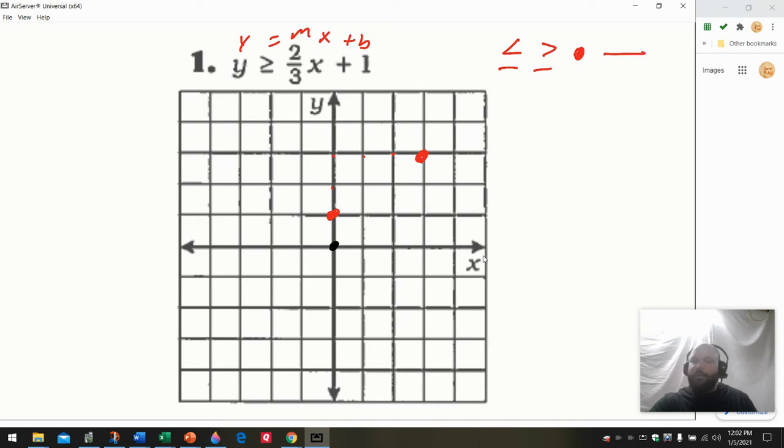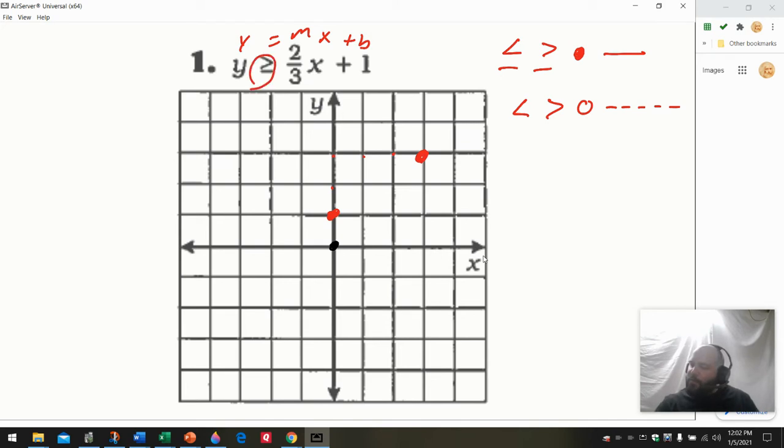It would also be a solid line whenever we graph it on a coordinate plane. If you have a strict less than or greater than, it would be an open dot, or it would be a dashed line. So that's the first thing you have to remember about these inequalities: the line, whether it's solid or dashed, is dependent on what type of sign you have.